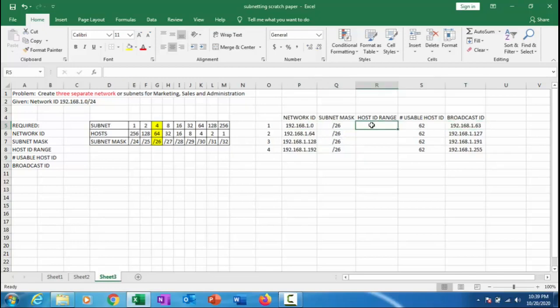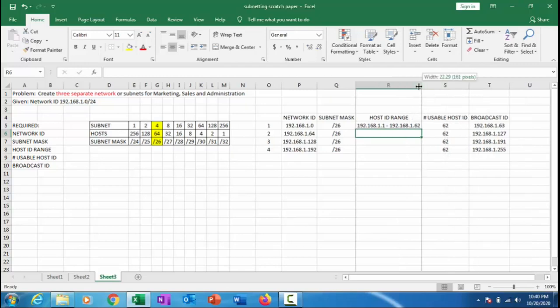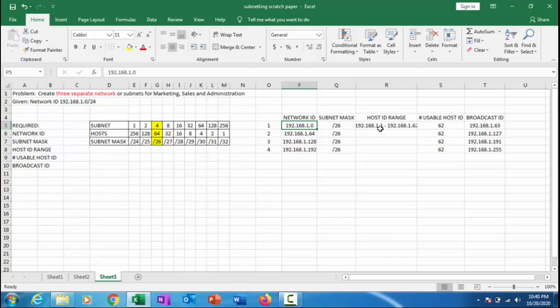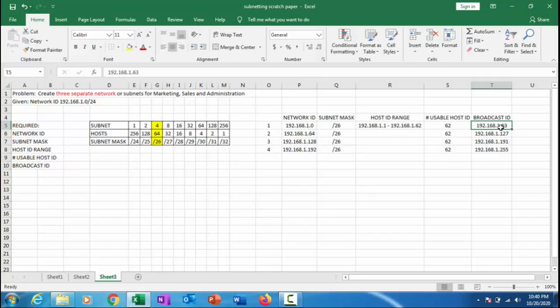So it's going to be 192.168.1 plus 1 is 1, up to 192.168.1.63 minus 1, which is 62. Okay, I hope that you understood this. So plus 1 from the network ID, which is why it's that 1, and minus 1 from the broadcast ID, which is 63 minus 1, that's why this is 62.